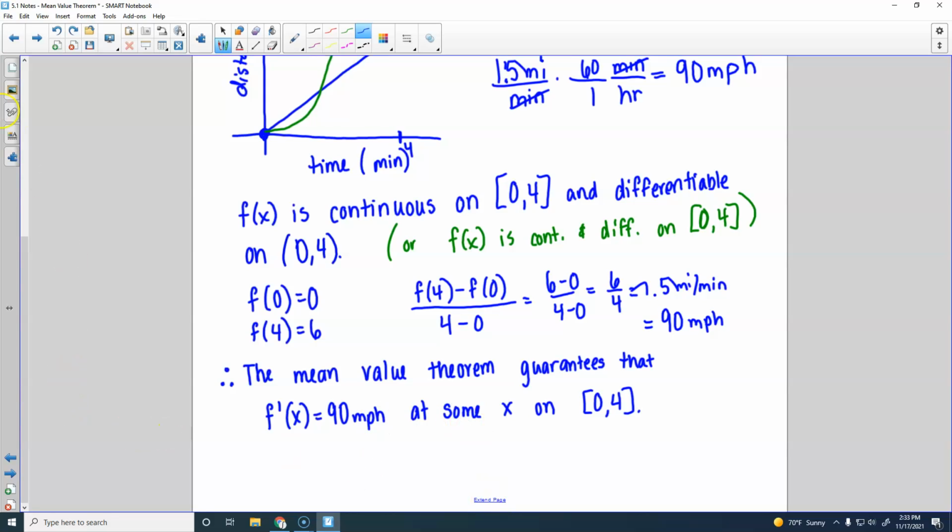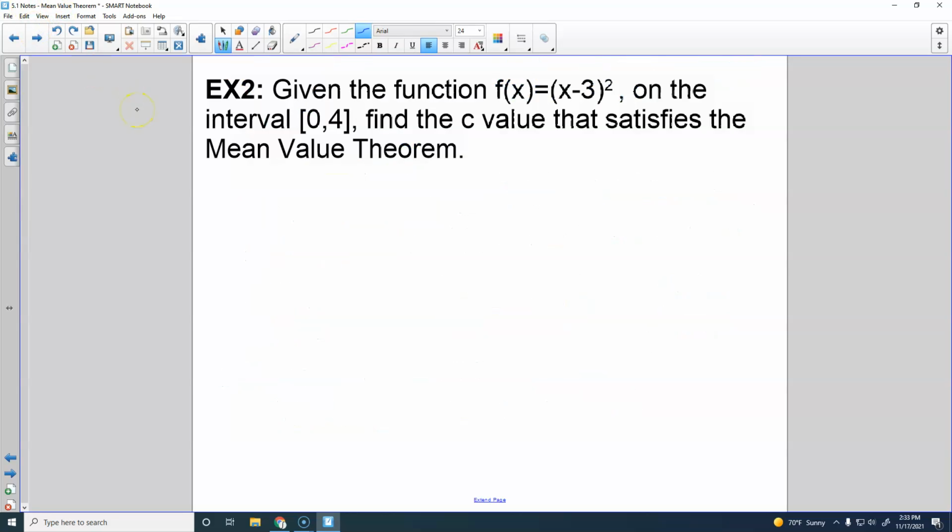Okay, so let's look at a problem that you are going to see for this that doesn't have any context with it. Given the function f of x equals x minus 3 squared on the interval from 0 to 4, find the c value that satisfies the mean value theorem. For this one, they're telling you to use the mean value theorem.